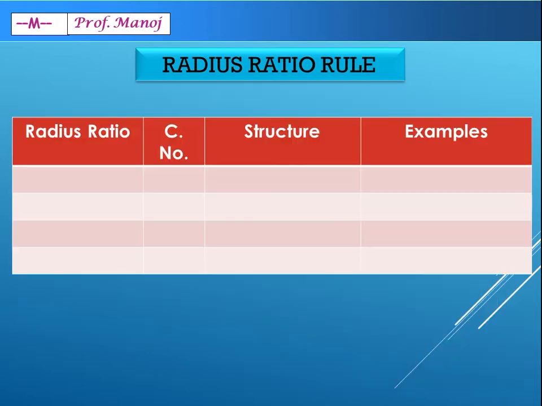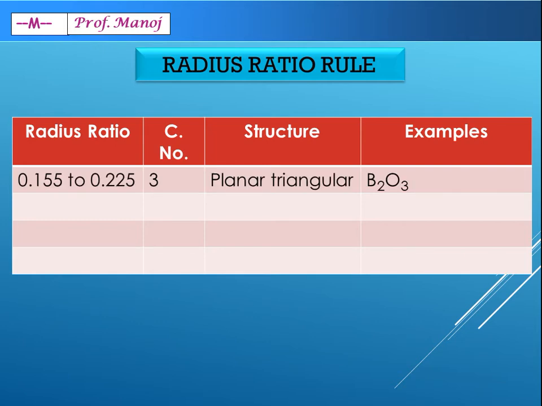Using this radius ratio rule, scientists have found that in nature there are four systems possible. If the radius ratio is in the range of 0.155 to 0.225, the coordination number is found to be 3. It creates a planar triangular system.